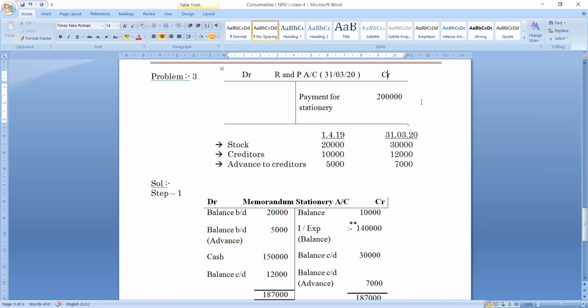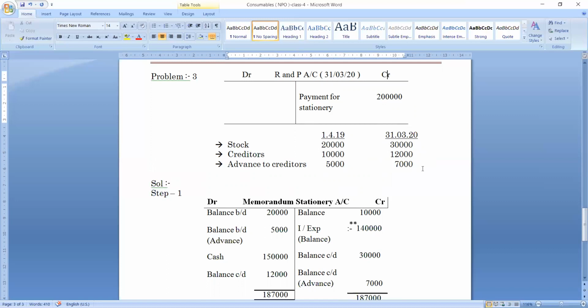There are 3 types of adjustment: stock, creditors, advance to creditors. Stock 20,000, 30,000; creditors 10,000, 12,000; advance to creditors 5,000, 7,000.